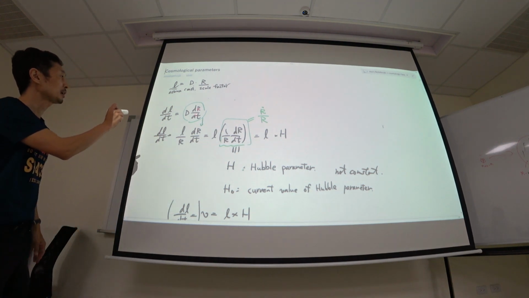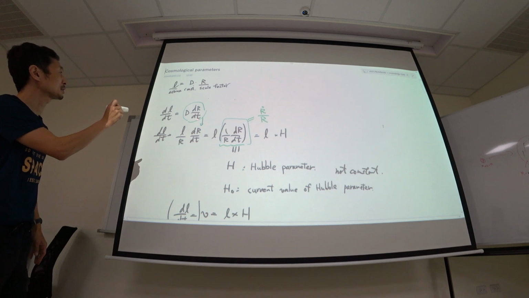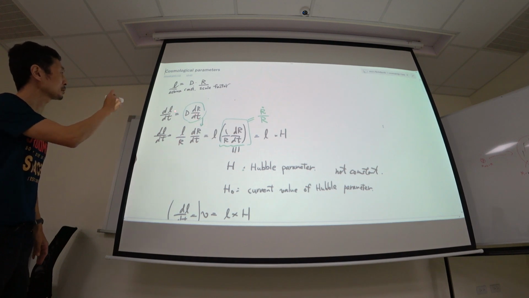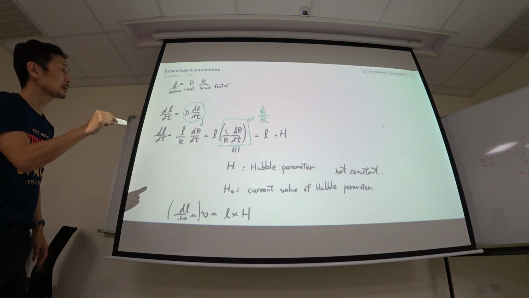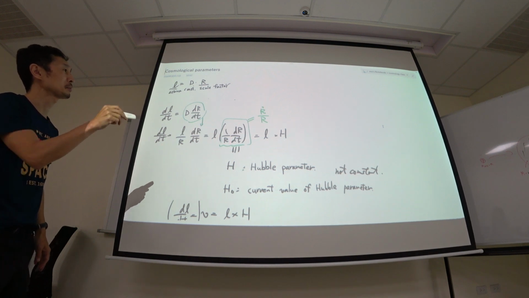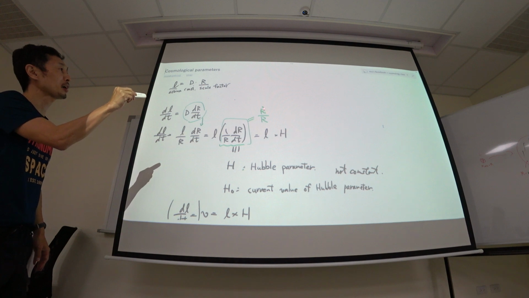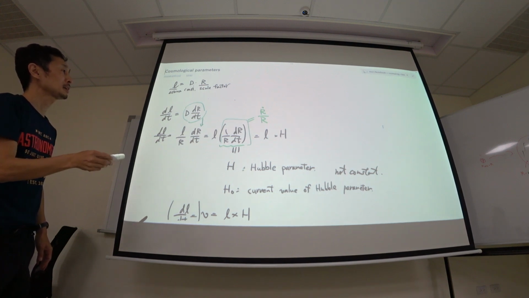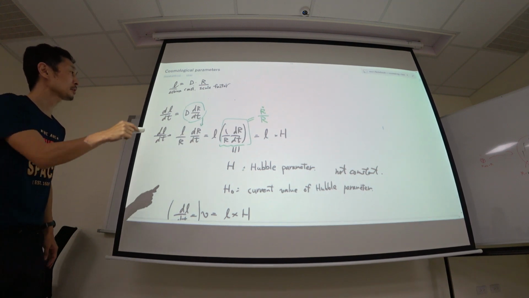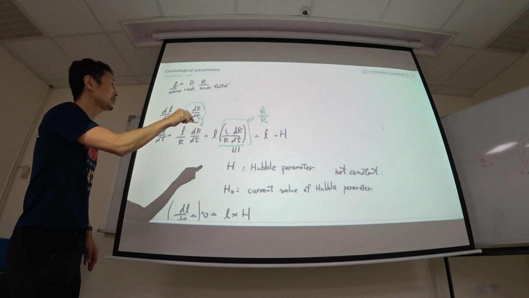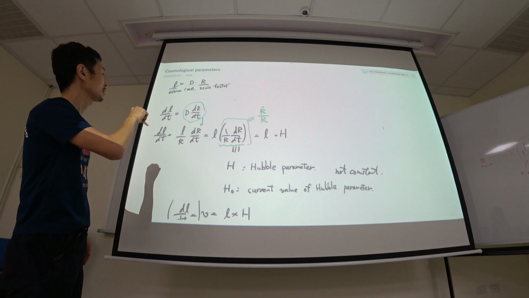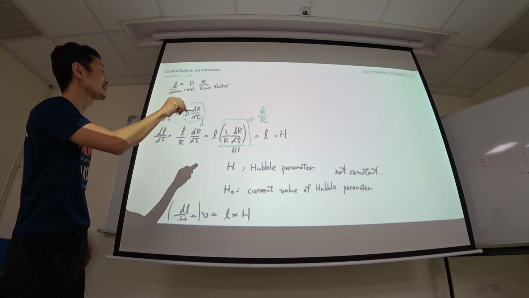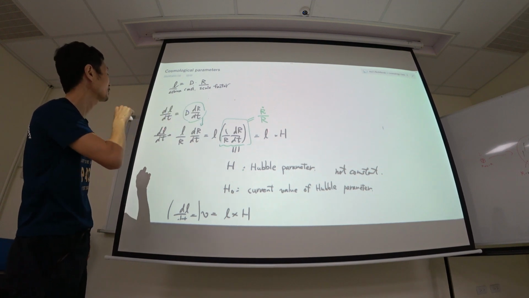And then if you change it like this, you can write this part as R dot, the time derivative, divided by R, and this L should be D. I'm sorry, no, we change it.